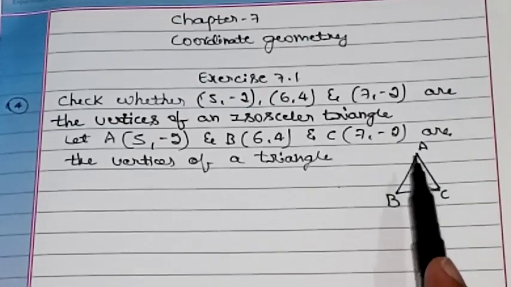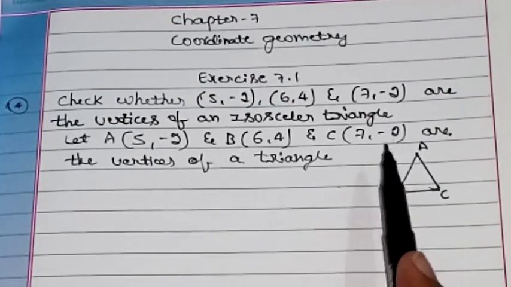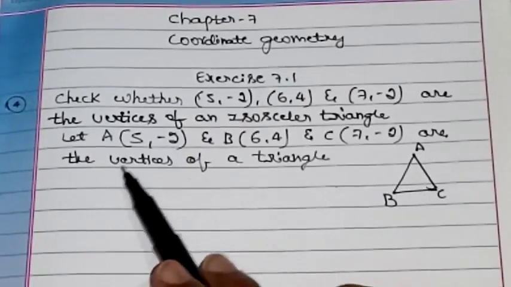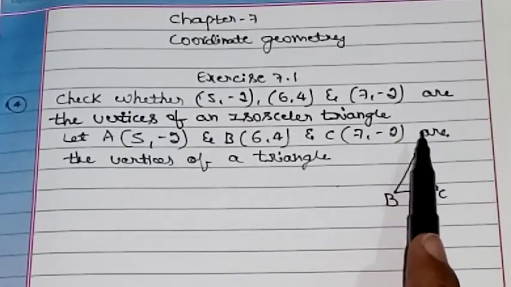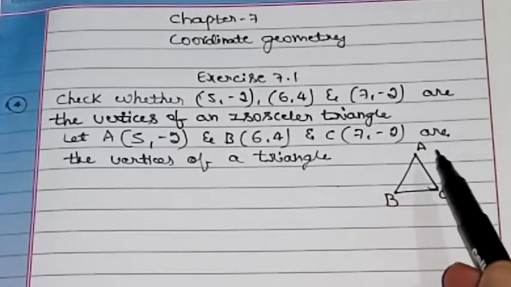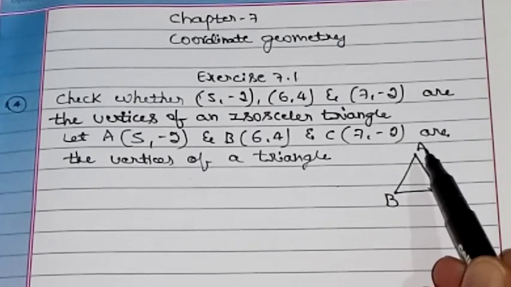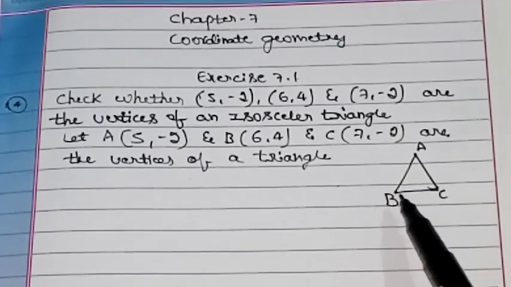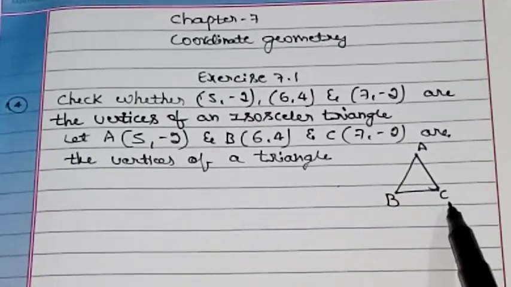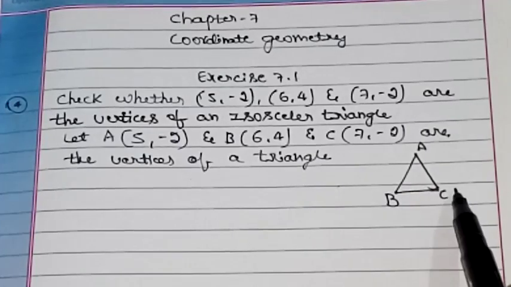By using the distance formula we can check whether the given coordinates are the vertices of an isosceles triangle or not. First find the distance between AB, afterwards the distance between BC, and afterwards the distance between AC.